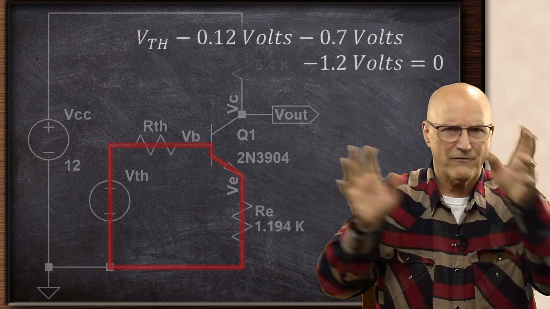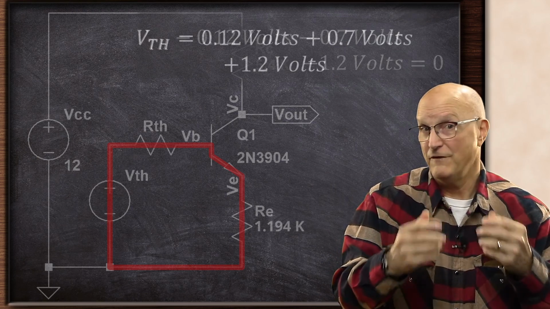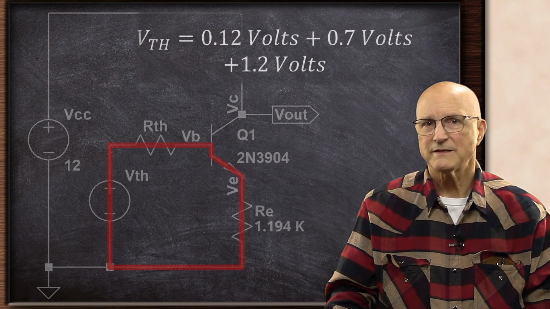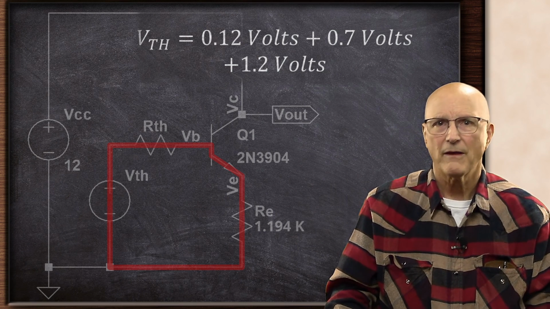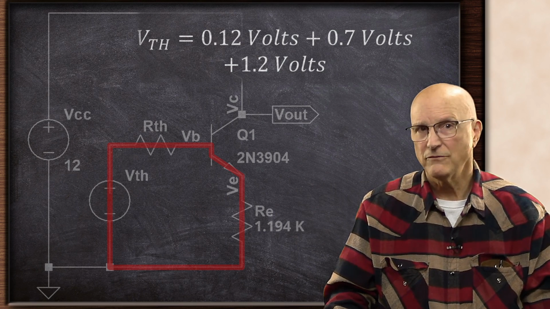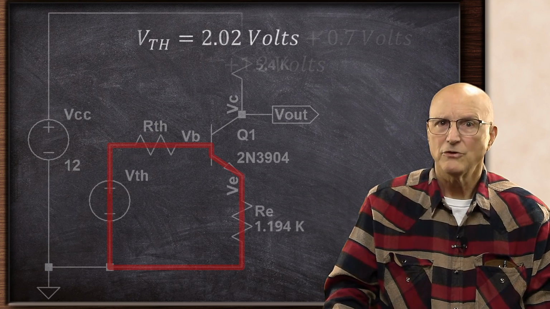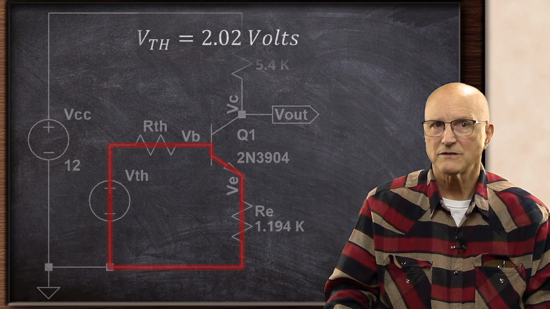Solving all of this for V Thevenin, we get V Thevenin is equal to 0.12 volts plus 0.7 volts plus 1.2 volts, which yields a Thevenin voltage of 2.02 volts.